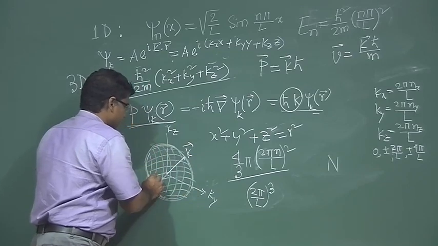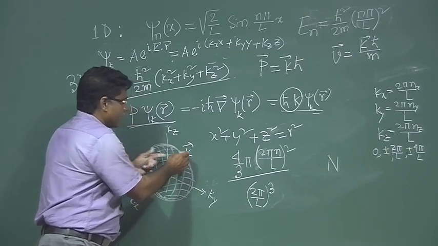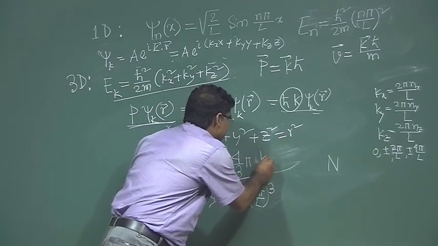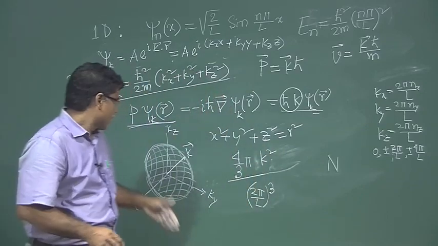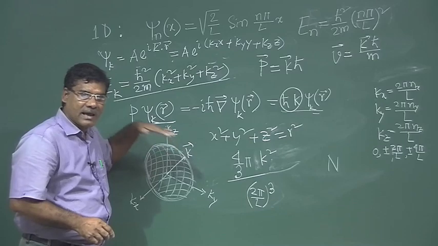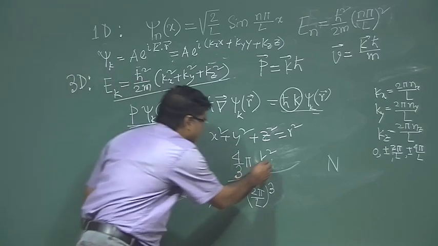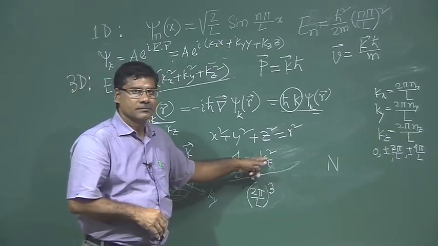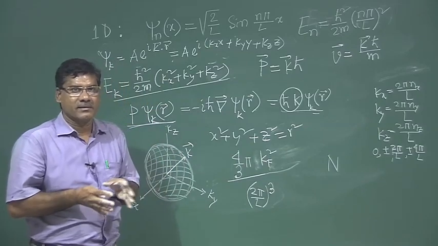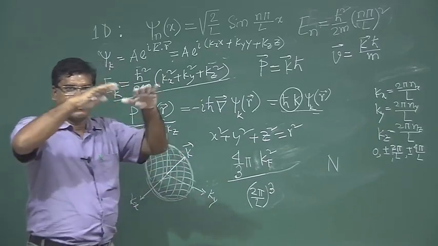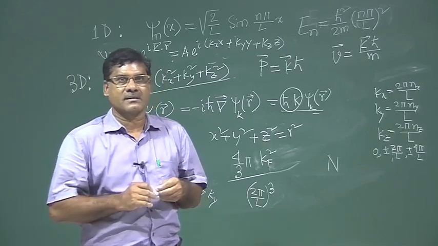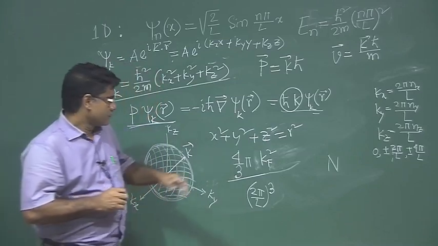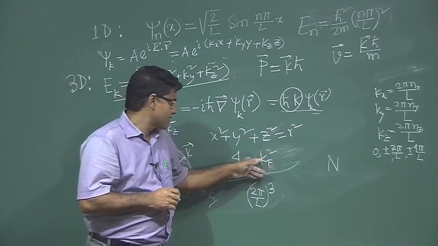Whatever the k value, up to which electrons are filled, we write that as kf. The uppermost orbitals where electrons are filled, that is called the Fermi level, and its momentum is kf.